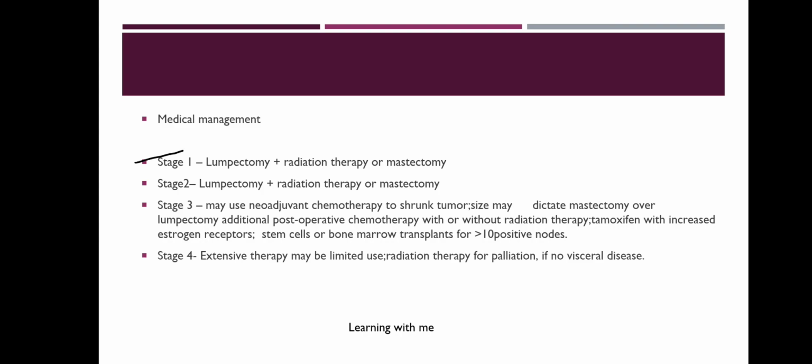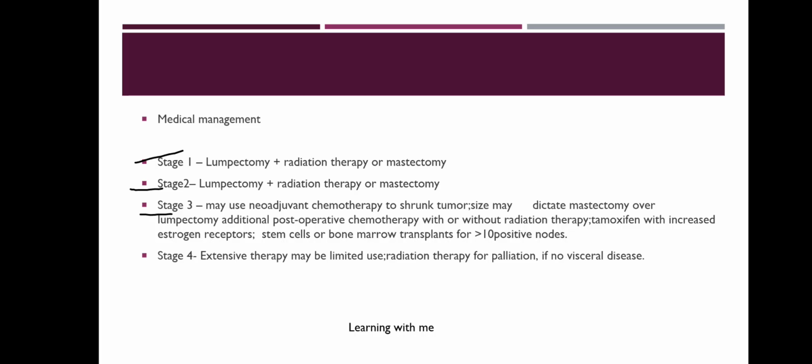Medical management. Stage 1: lumpectomy plus radiation therapy or mastectomy. In stage 2 cancer: lumpectomy plus radiation therapy or mastectomy. In stage 3, may use neoadjuvant chemotherapy to shrink tumor size, which may indicate mastectomy over lumpectomy.